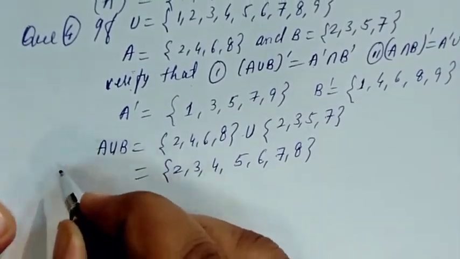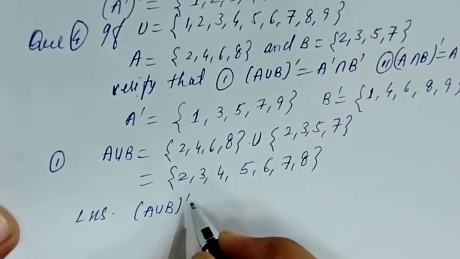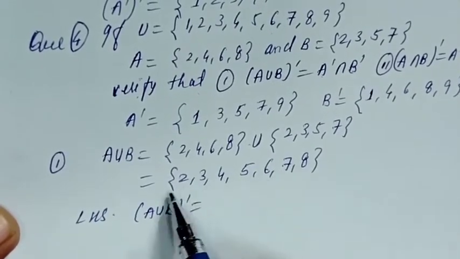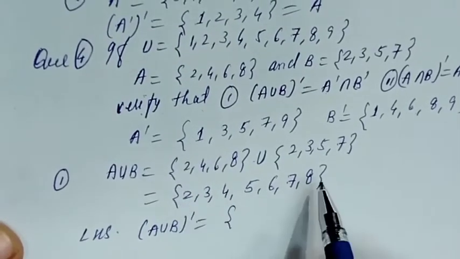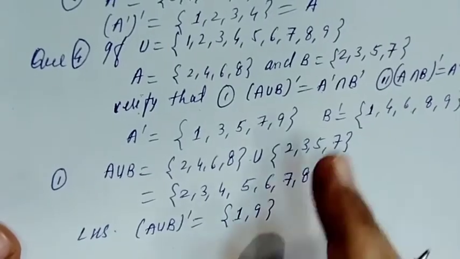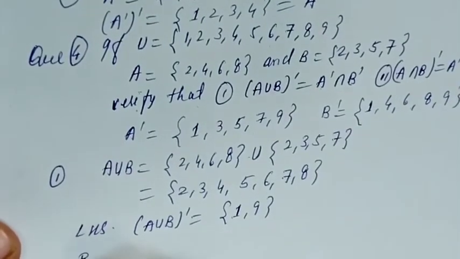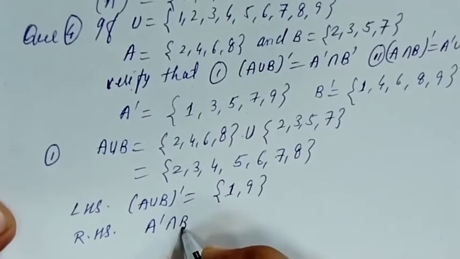LHS is (A union B) whole dash, meaning leaving A union B, the elements in the universal set are 1 and 9. We can take 1 and 9. So LHS is completed.